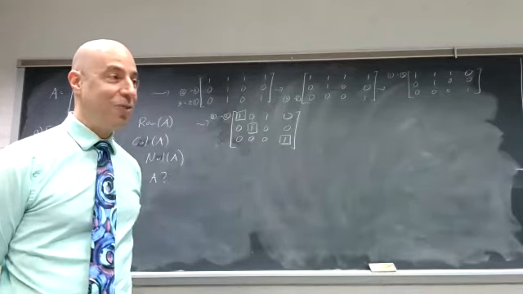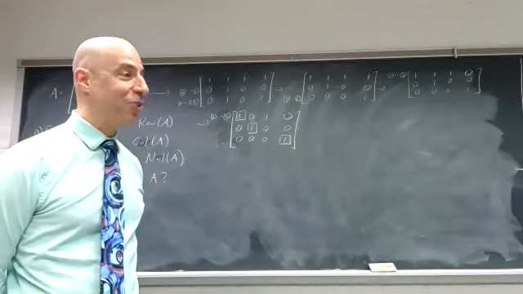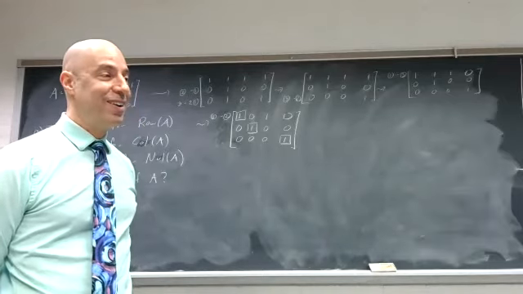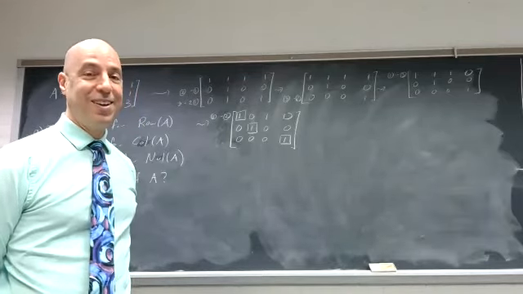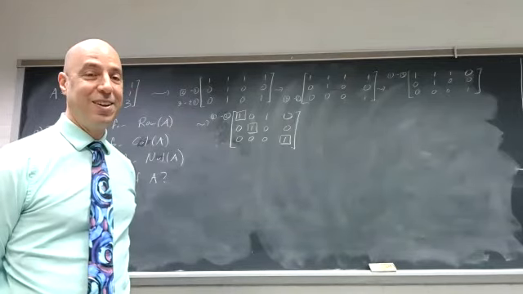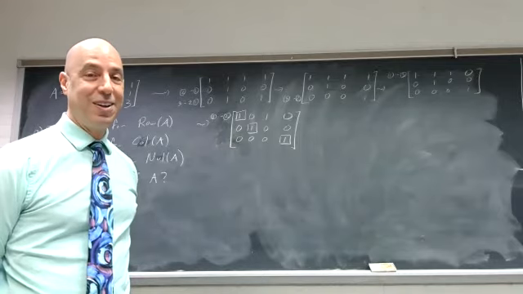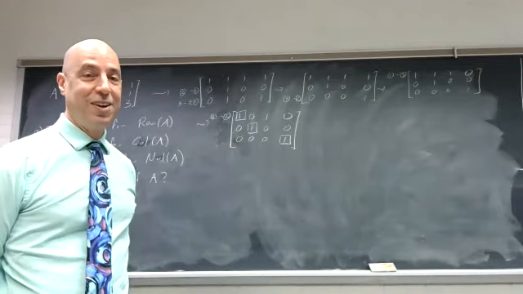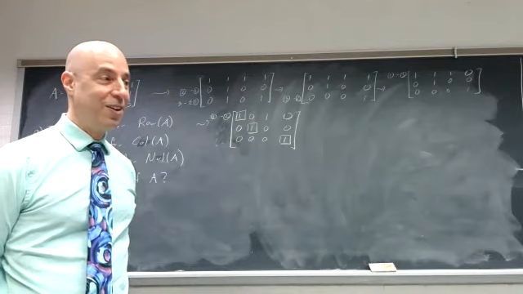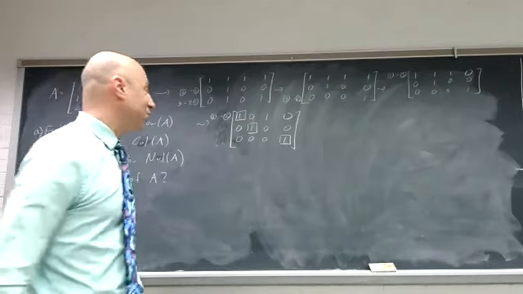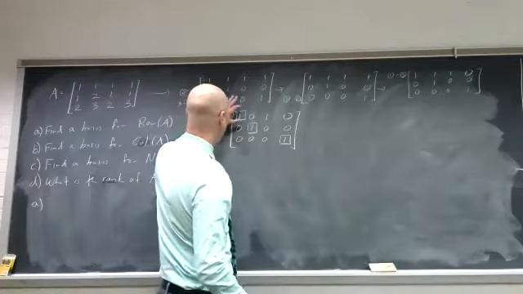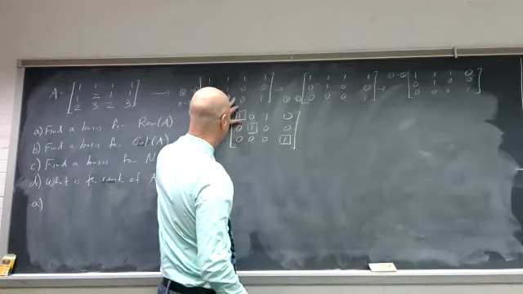Well, right, but how? They're on the blackboard somewhere. Where do I look for them? Okay, let me just remind you. They're just the non-zero rows of your reduced echelon form.